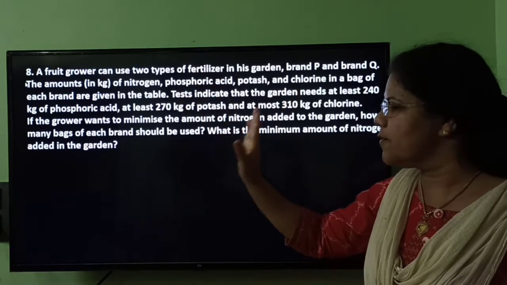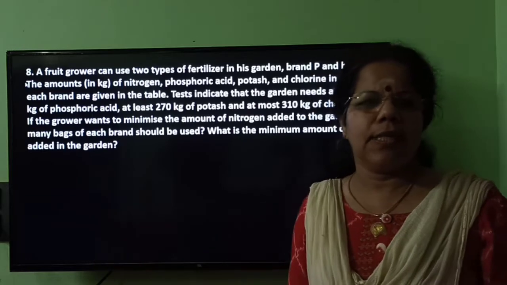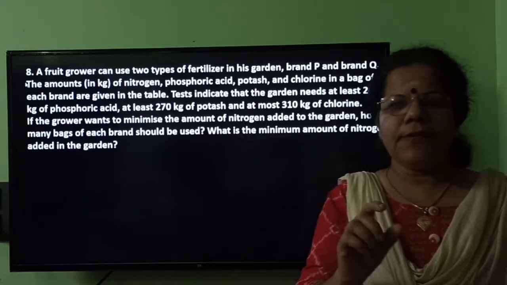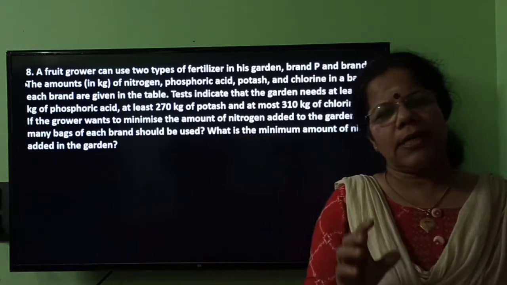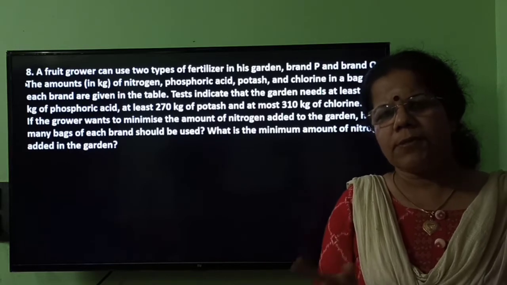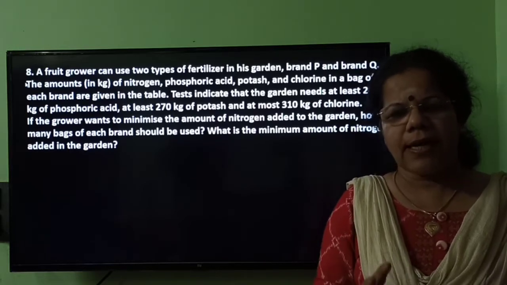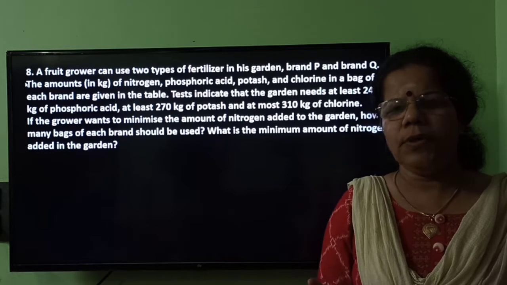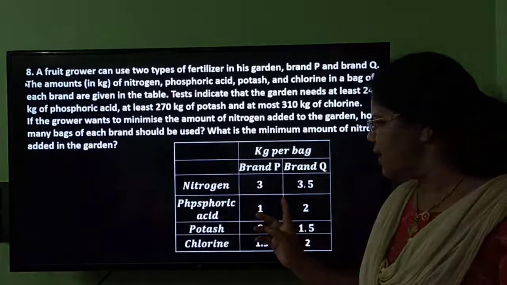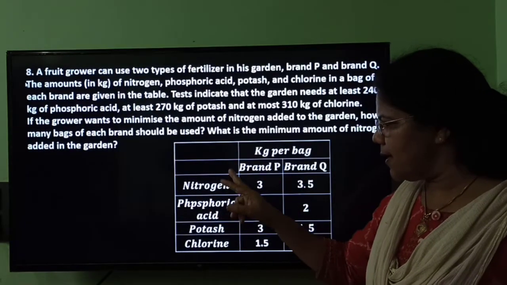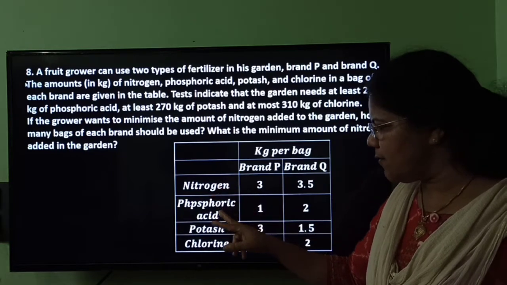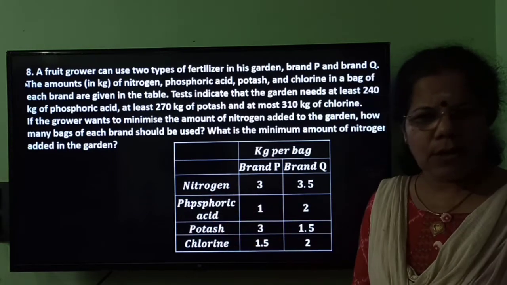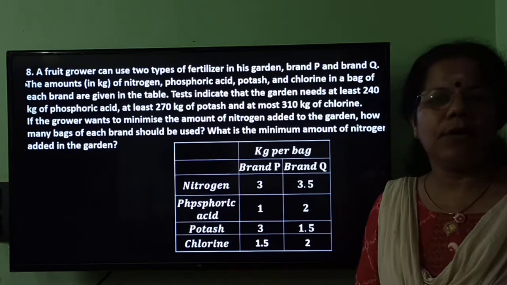All this information we will put in a table. It is expressed in kilograms.